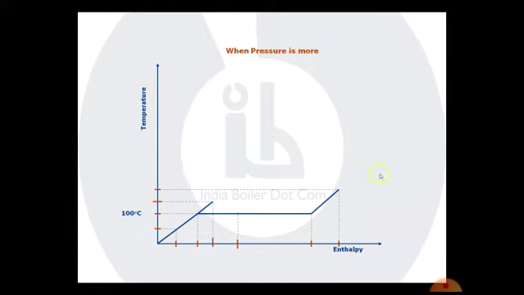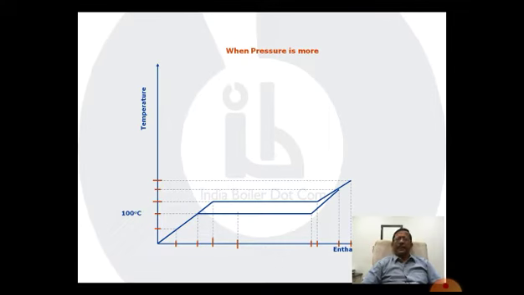So at this point, if I increase the enthalpy, similar to what happened in the lower line, the temperature will not increase, therefore the line will remain parallel to the x-axis till all the molecules of water become steam. Once it has become totally steam, then the enthalpy will increase as well as the temperature, and the line will again take an upward curve like this.